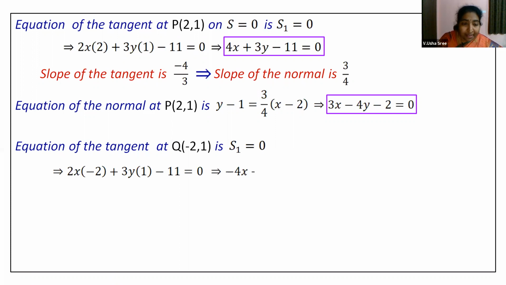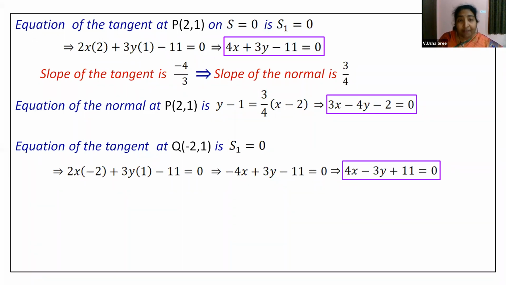This implies minus 4x plus 3y minus 11 is equal to 0, or otherwise we can write it as 4x minus 3y plus 11 is equal to 0. Now we have calculated the equation of the tangent. Then what is the slope of this tangent? It is nothing but 4 by 3.